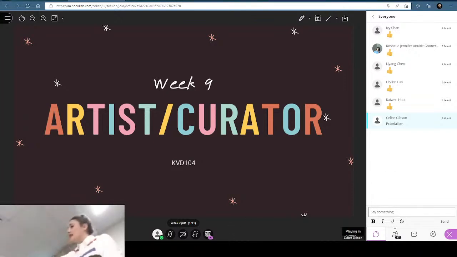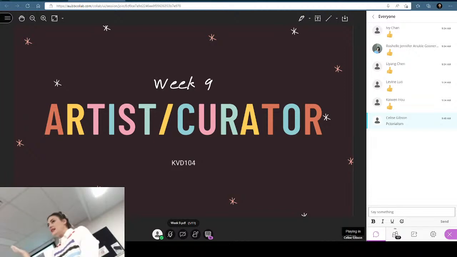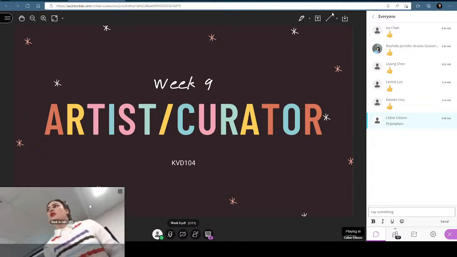If we imagine that this room is a gallery space, the curator's responsibility is to look at the space and to identify what sort of work should be here, but also to identify what the theme of the exhibition might be. So there are different ways that a curator might organize an exhibition. They might consider the organizational structure of an exhibition through a time period, right?